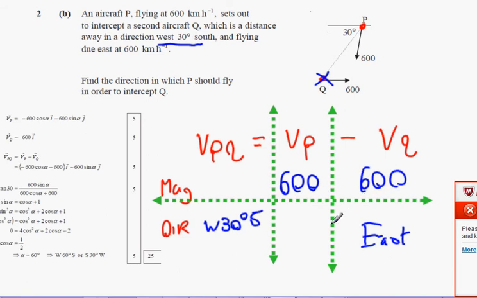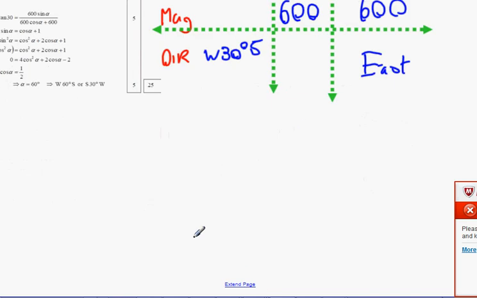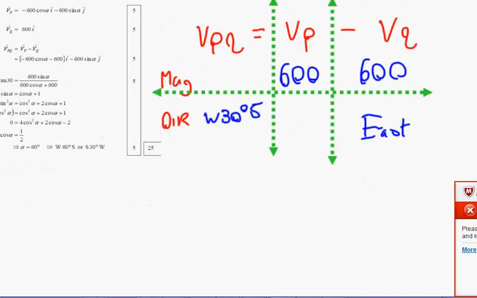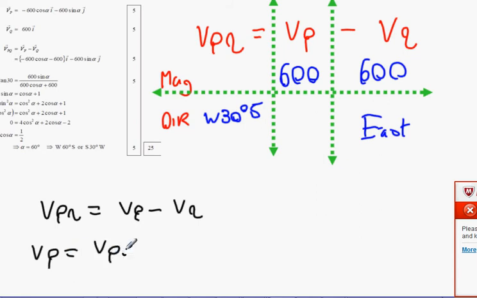I can do this using trigonometry quite easily. Okay, so let me show you what I'm going to do. Velocity of PQ equals phi P minus phi Q, and what I'm going to say is that phi P equals phi PQ plus phi Q. Now, I've taught you before that if I'm drawing a triangle, I have to start phi P and either one of the other 2 at the same point.